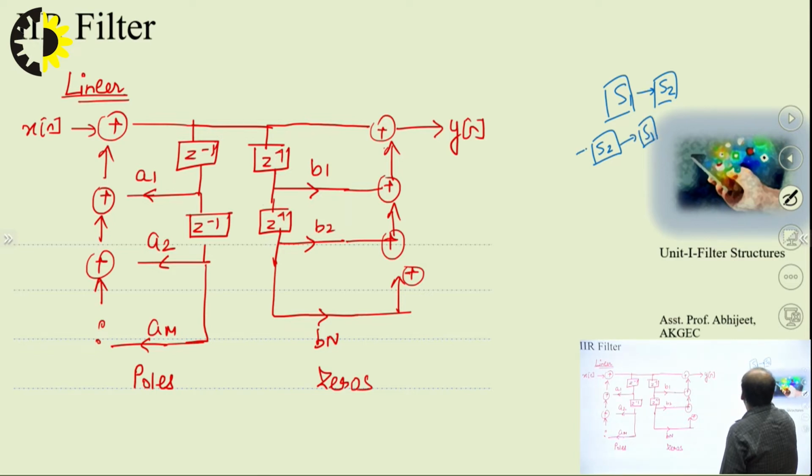In the previous case, if X was the input and Y was the output, the same output will be obtained if the connection is reversed. This is the basic property of linearity: the output of S1 at the input of S2, or the output of S2 at the input of S1, will give the same result.